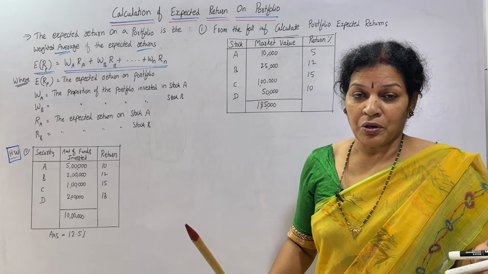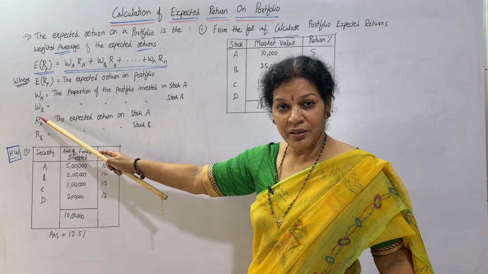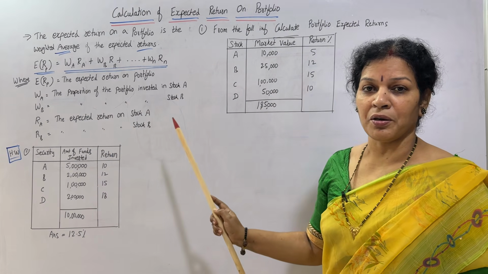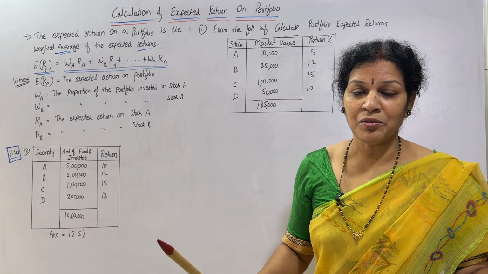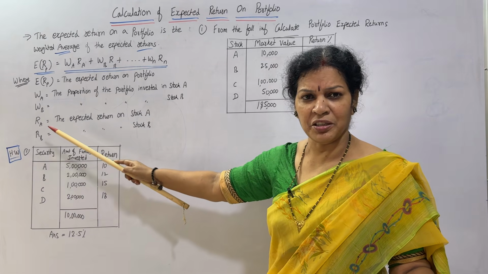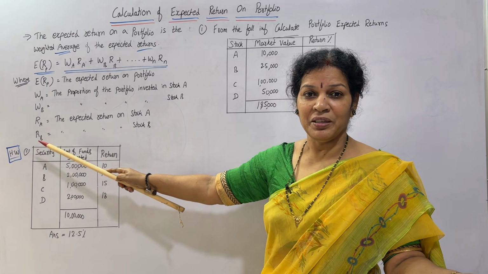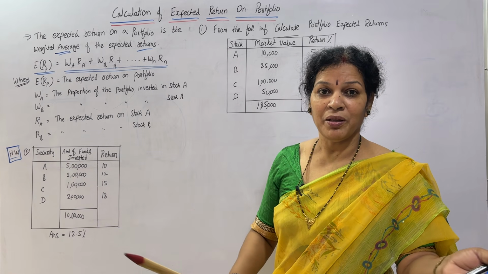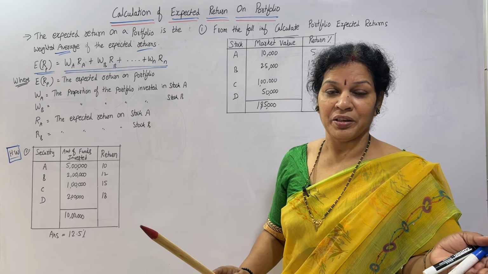If you have stock B, we'll say WB, which means the proportion of the portfolio invested in stock B. There could be stock C also. WA, WB, WC, WD: according to how many investments there are, the formula will be extended in that way.